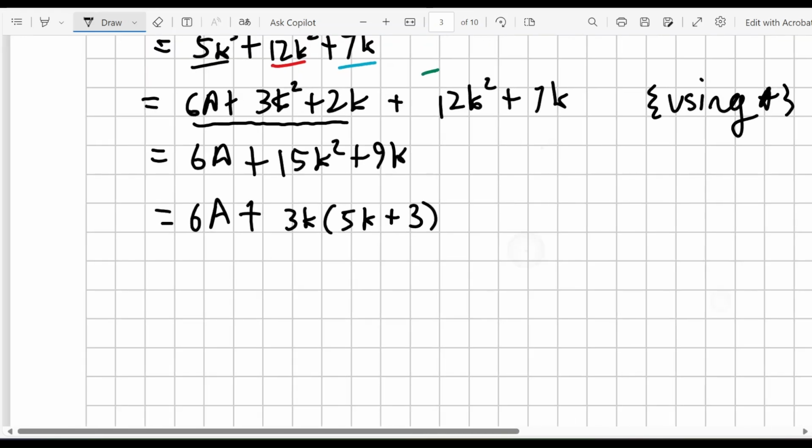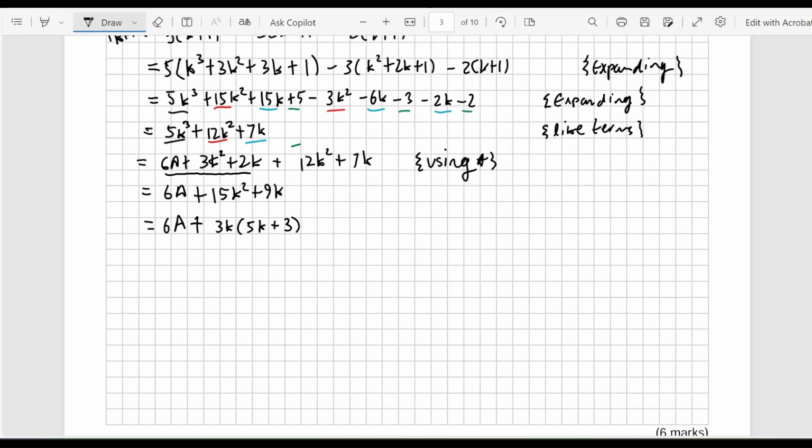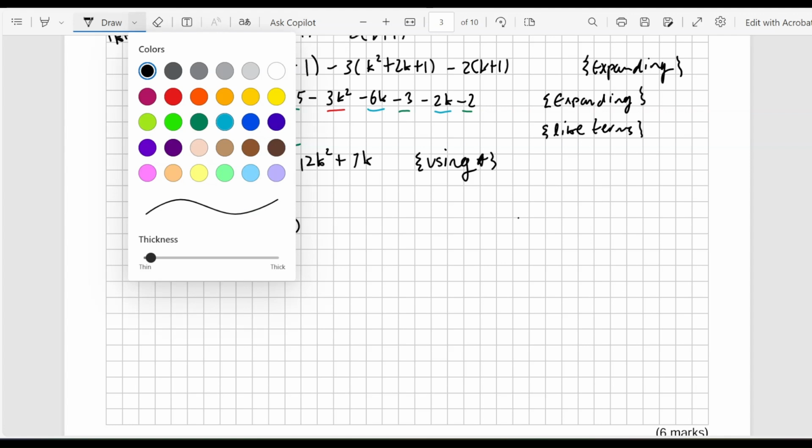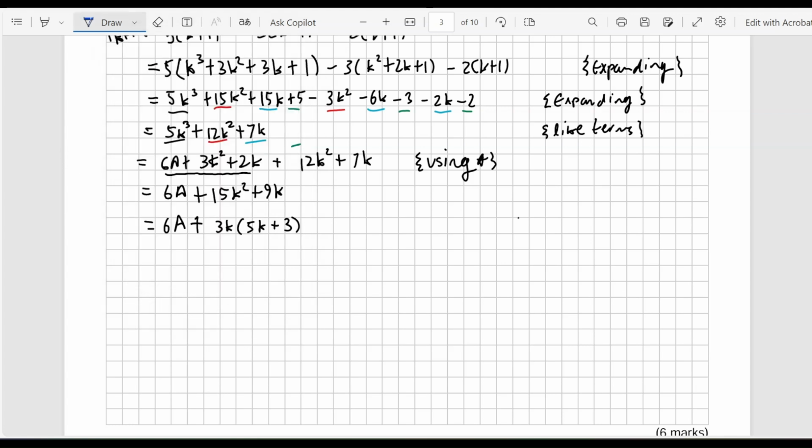All right, so that wasn't quite the result we hoped for, but we are getting close. So what we can do is we can deal with this k bracket 5k plus 3 over here. So k bracket 5k plus 3. I'm going to split this into 2 cases.